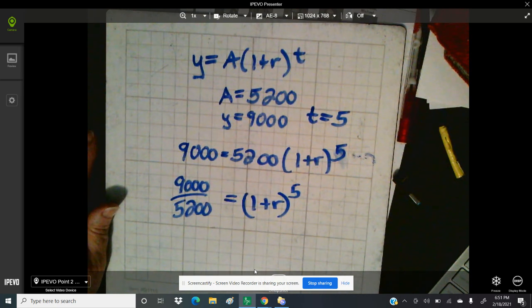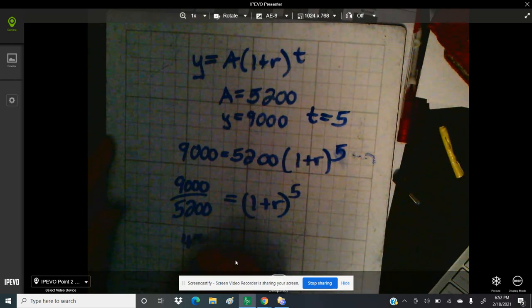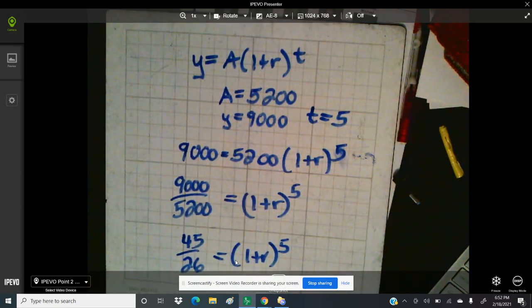And I suppose I can take that 9,000 divided by 5,200 and simplify the fraction, and I'll get 45 over 26. It doesn't really matter. You didn't really have to simplify it right then. You could have simplified it later. It just makes writing a little bit easier.